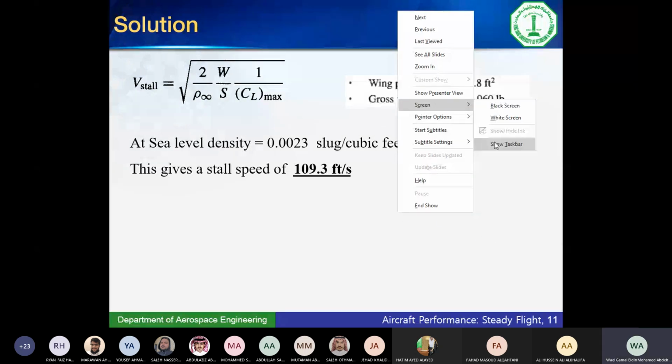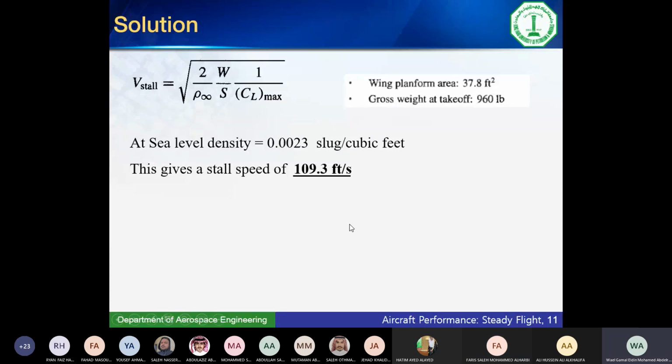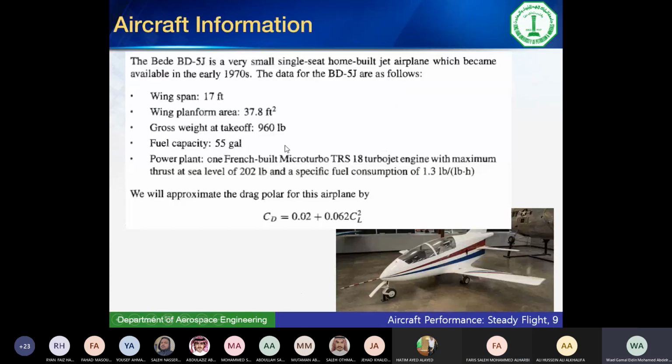Any questions in this problem? Doctor, any question like this, how will we be given the givens, the information? Yes, they will be given in the problem, just like here. So, for example, maybe at the beginning of the exam, I can give you all this information of the aircraft, and then on every problem, you will have to pick and choose which data is relevant.